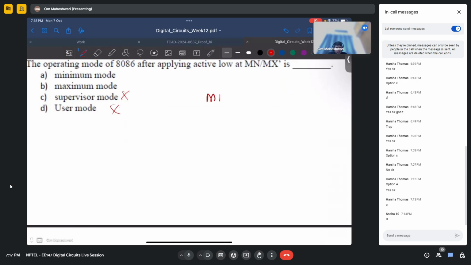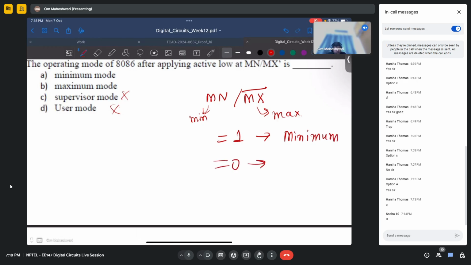We can just eliminate these two for now. So we have this signal pin MN slash MX bar. So MN means minimum, MX bar is maximum. So when this is equal to 1, it operates in minimum mode. When it is equal to 0, it operates in maximum mode. If you see, MN is active high, for MX there is a bar over MX.